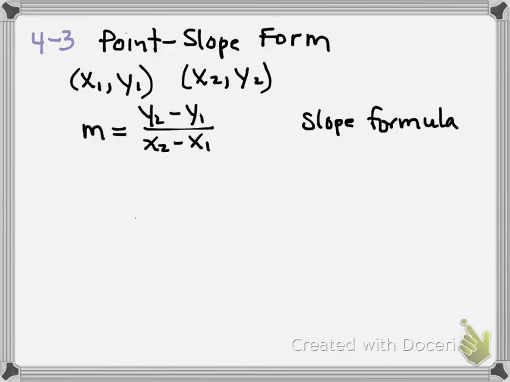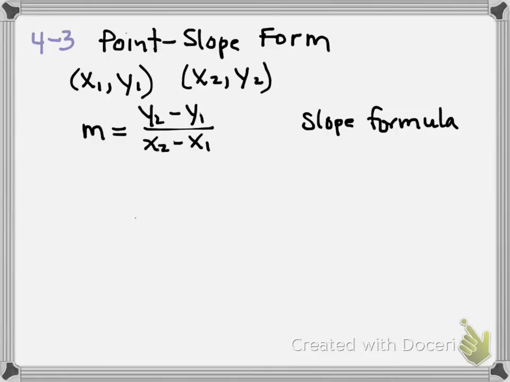So what if I wanted to create an equation using this as my guide? And if you think about slope-intercept form, what was alone on the left of slope-intercept form? Y. So what if I wanted to try to get the y by itself? So what would I have to mathematically do to begin that process with that formula to get the y by itself?